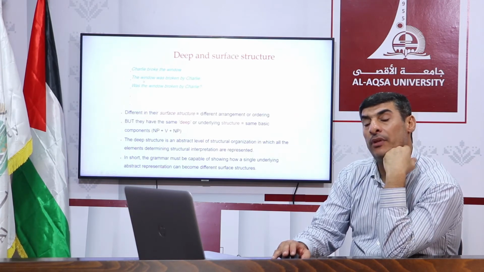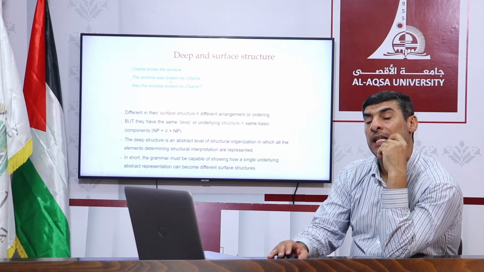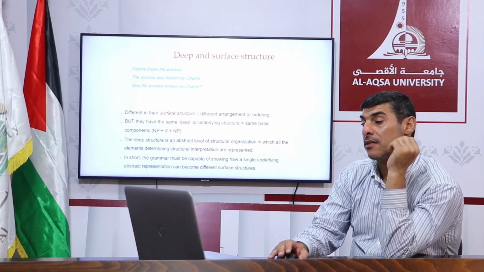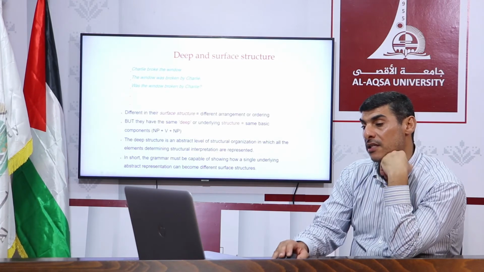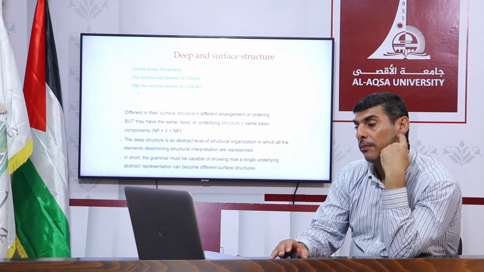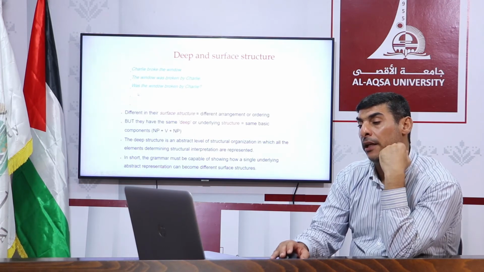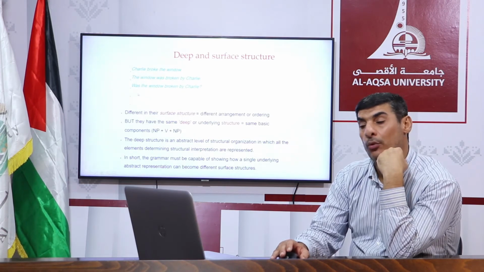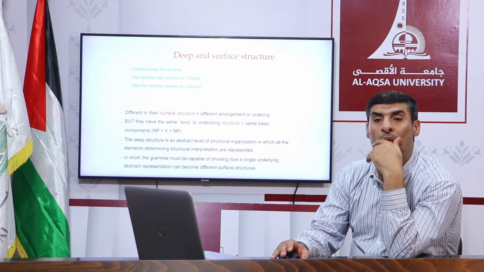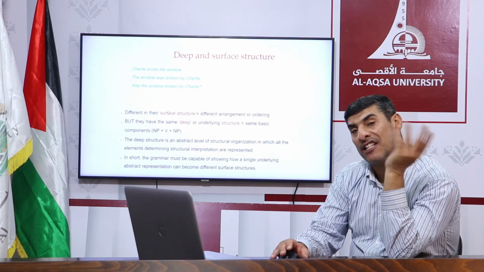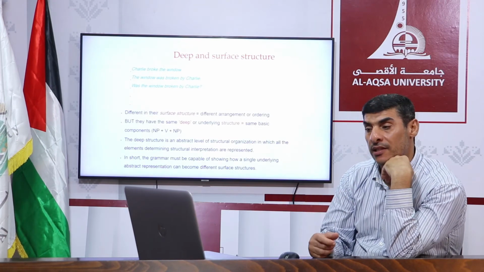So the window is a noun phrase, and was broken is a verb phrase. Of course, this is past and passive, and by Charlie, this is a prepositional phrase. Don't forget this. Was the window broken by Charlie? And you can say, whom was the window broken by? Who broke the window? What made the window break, and so on. So you can generate lots of other sentences.